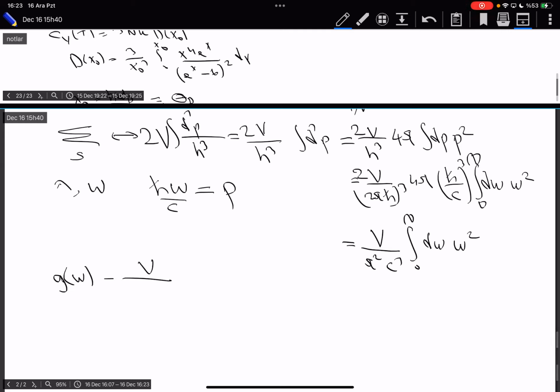If I would like to write this in terms of lambda, how can I relate omega to lambda? I have a wave with a given frequency omega, you know the speed C, what is its wavelength?